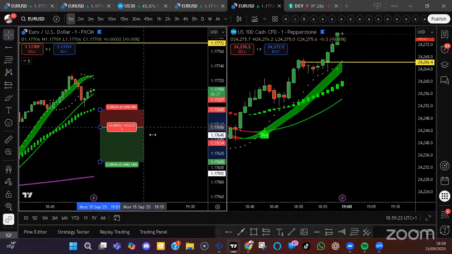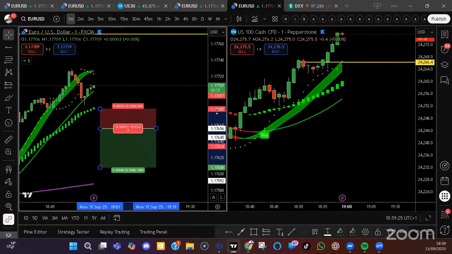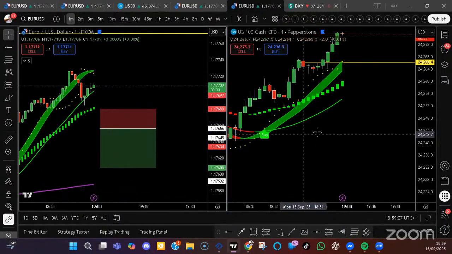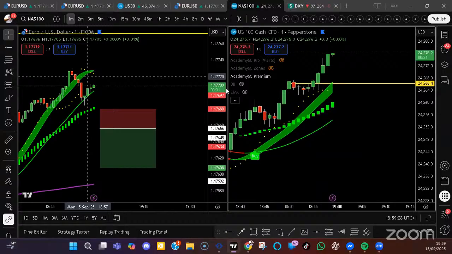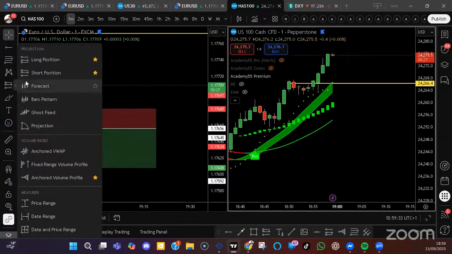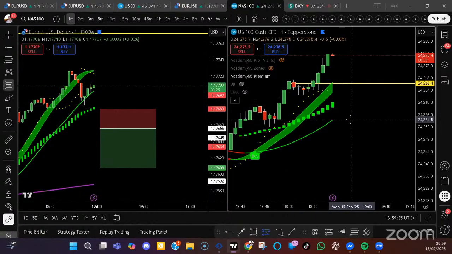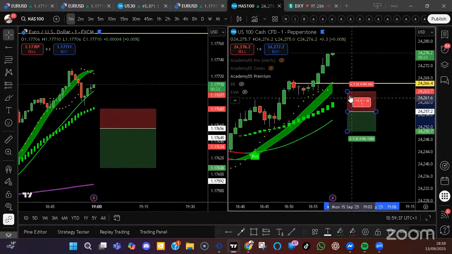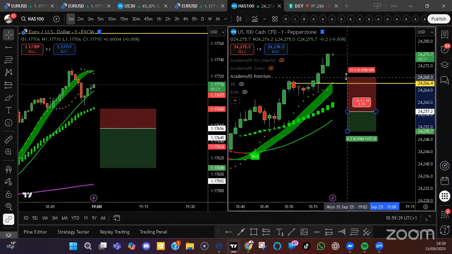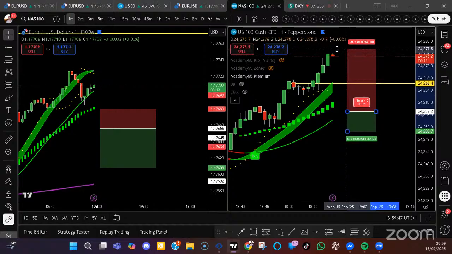And that's what we look for with the EUR USD. And with the US 100, keeping a minimum of 2,000 units away, which is there.